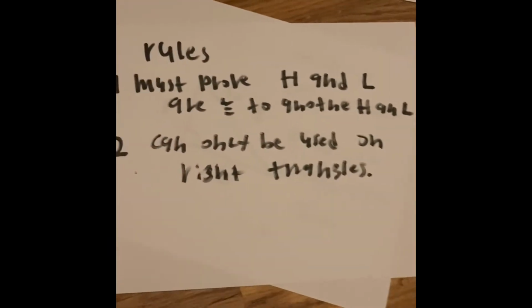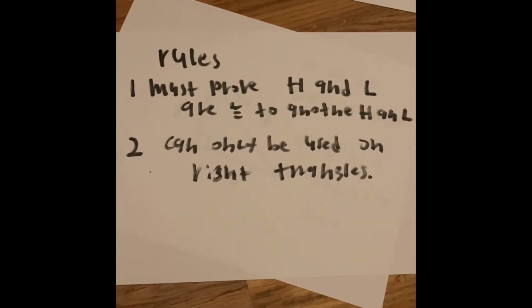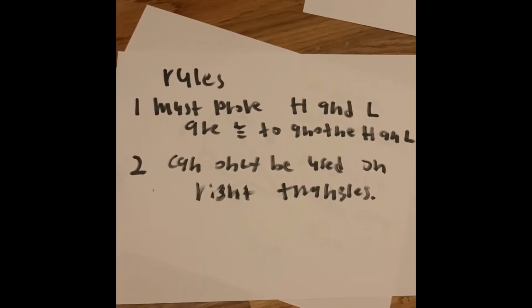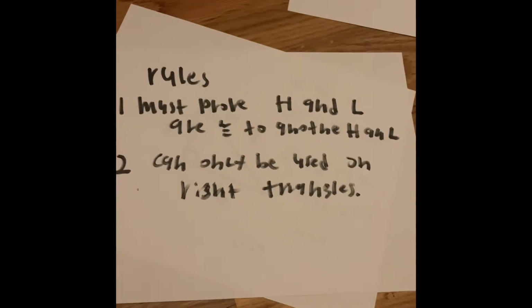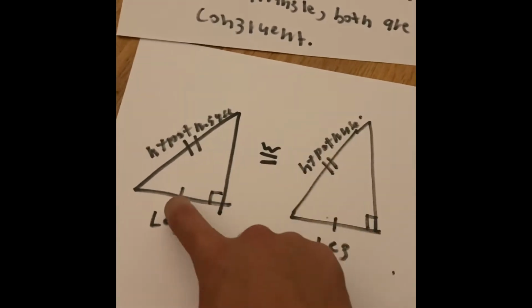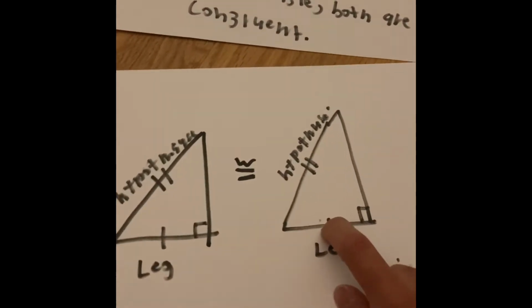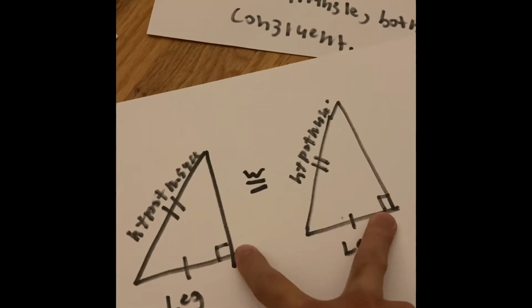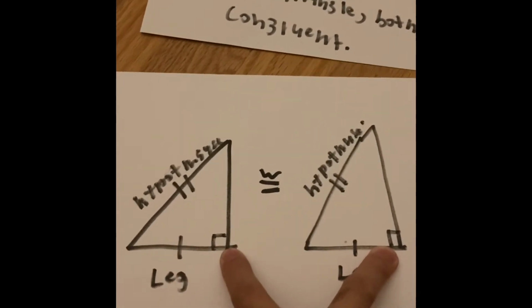So the rules that will probably annoy us in geometry is, before you write hypotenuse leg postulate or hypotenuse leg theorem, you must prove that the hypotenuse is congruent to another hypotenuse, and the leg is congruent to another leg, and you have to also prove that these two 90-degree angles are right and are congruent to each other.